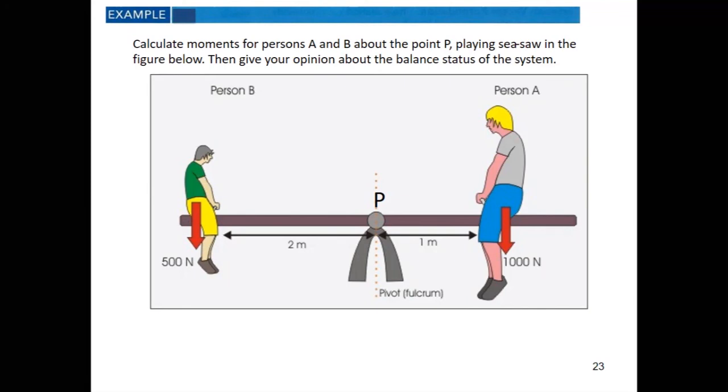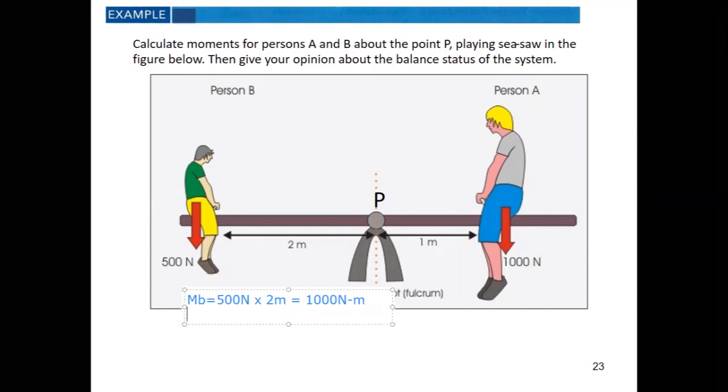Let us calculate here. The moment for person B, I'm writing MB, equals 500 Newton multiplied by 2 meters, which equals 1000 Newton meter.